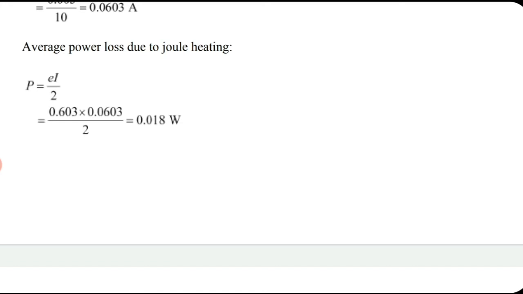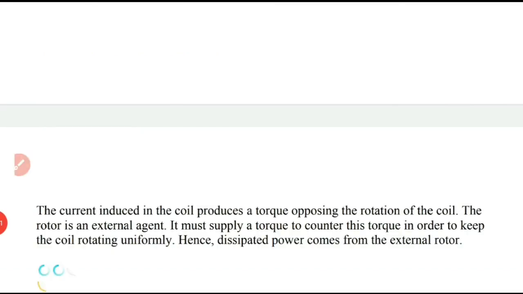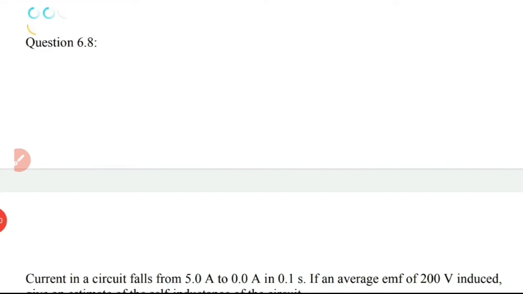So that is the average power loss due to Joule heating. Here the dissipated power comes from the external rotor, the external agency which rotates the coil.